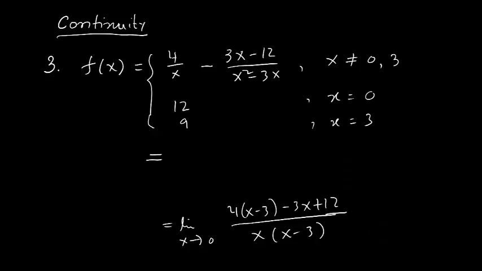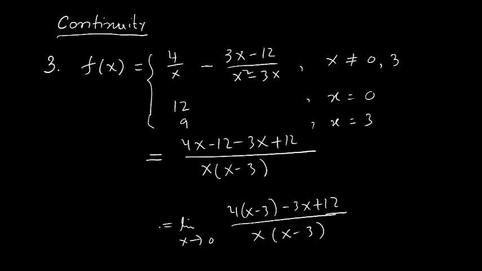I need some more space, so go up here. So you can see that it's coming out like 4 times x, 4x minus 12, and then negative 3x plus 12. So negative 12, positive 12 cancelled out.